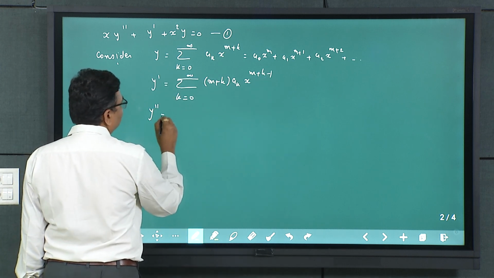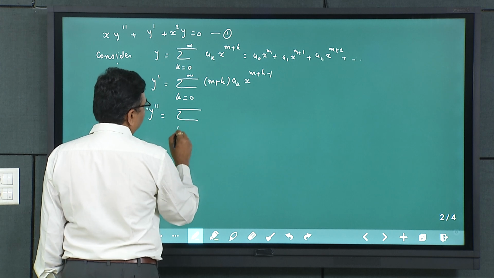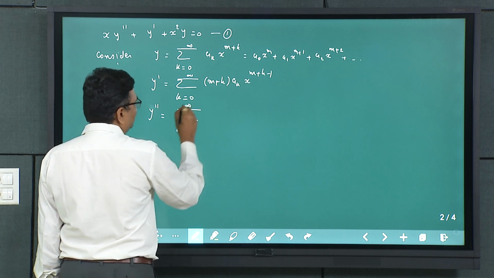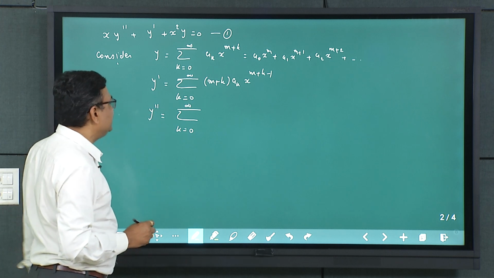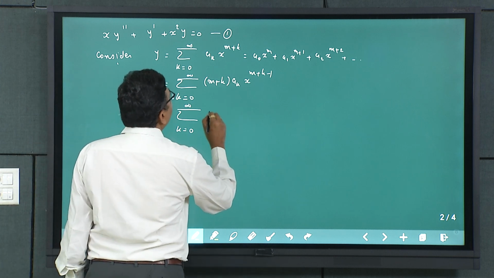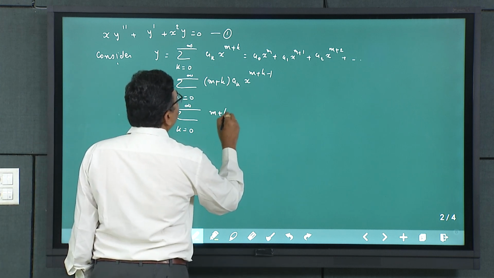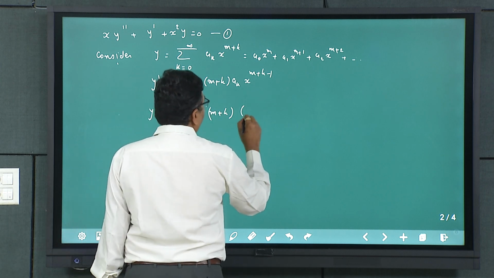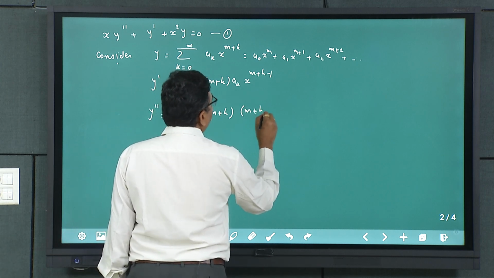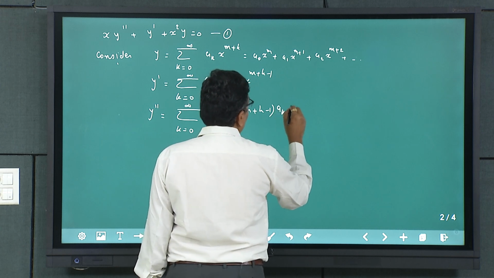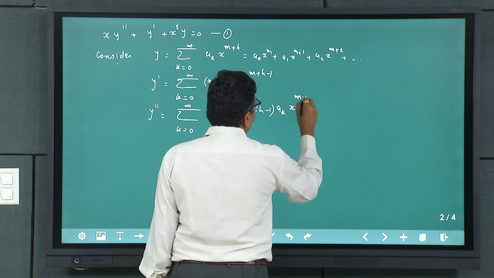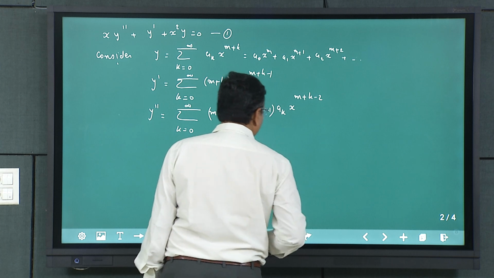Y double dash is equal to sigma k is equal to 0 to infinity. સ્ટુડન્ટ્સ આ બંને કેસમાં k is equal to 0 થી સ્ટાર્ટ થશે, એ આપણે ધ્યાન રાખીશું એ વાતનું. m plus k into m plus k minus 1 ak x raised to m plus k minus 2, right?